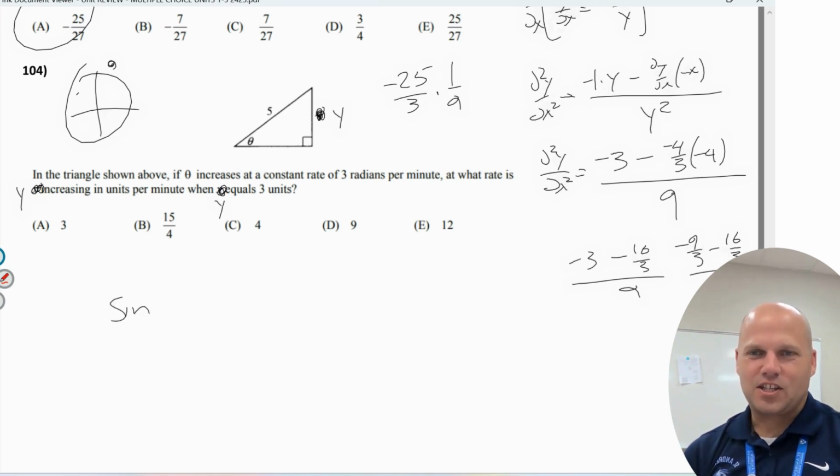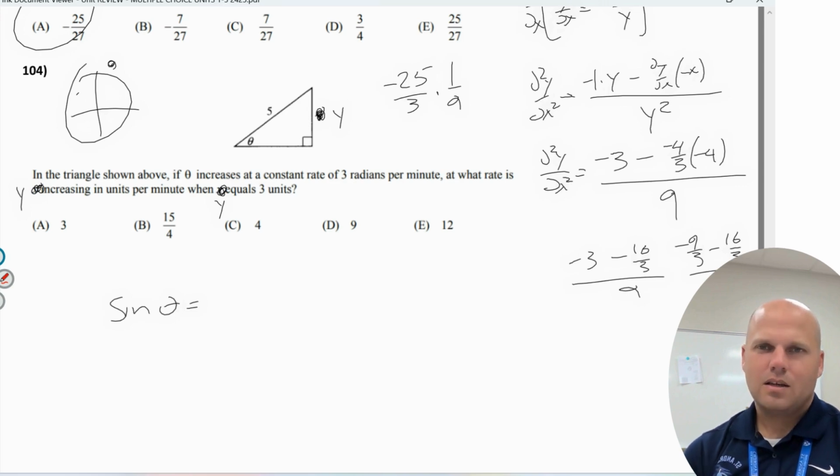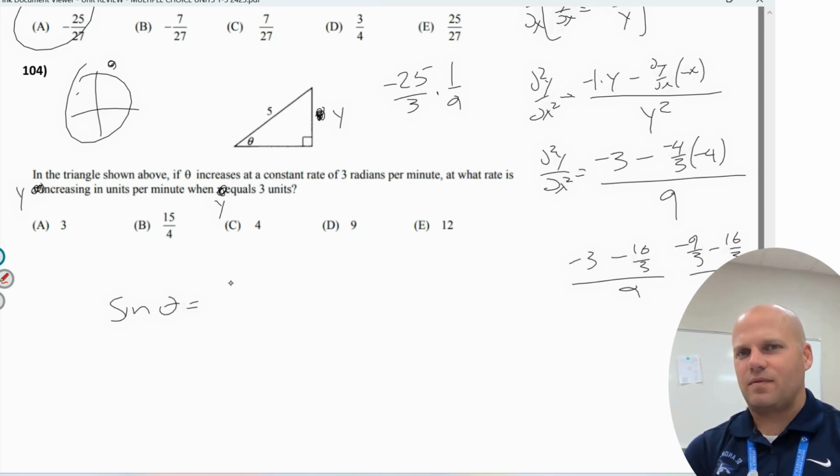I feel like I need to use sine theta. Y over d. Are they telling me that d is 5 always?